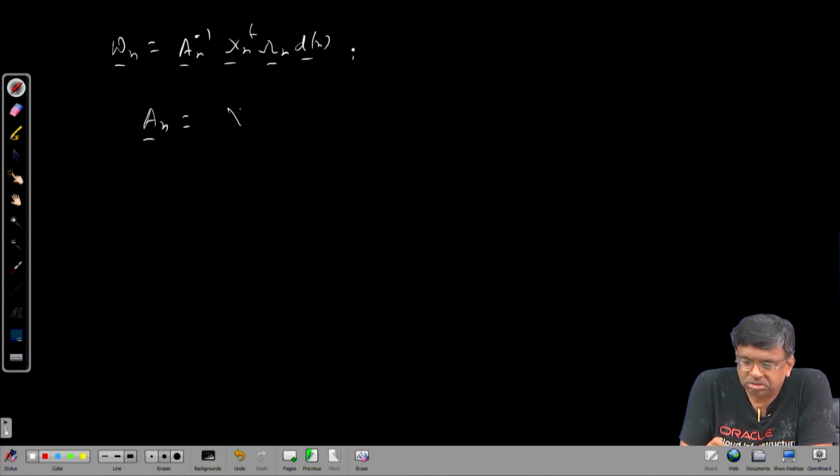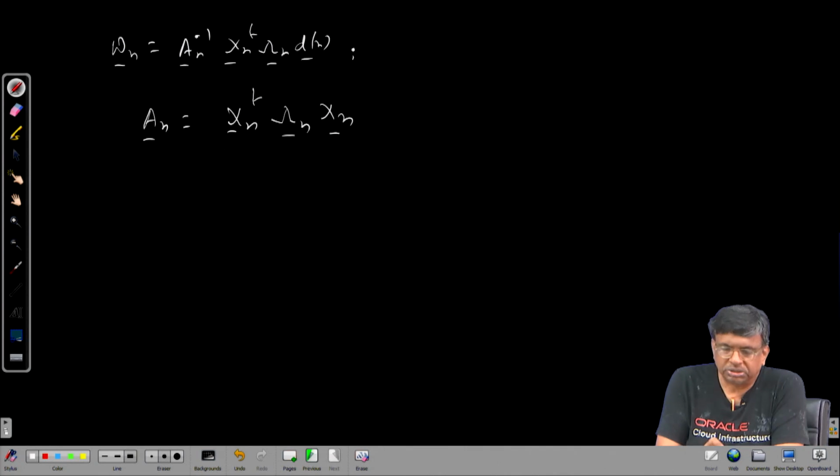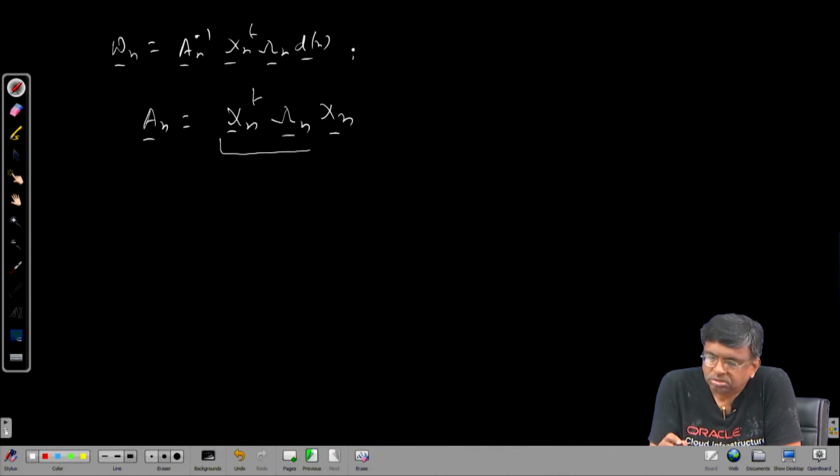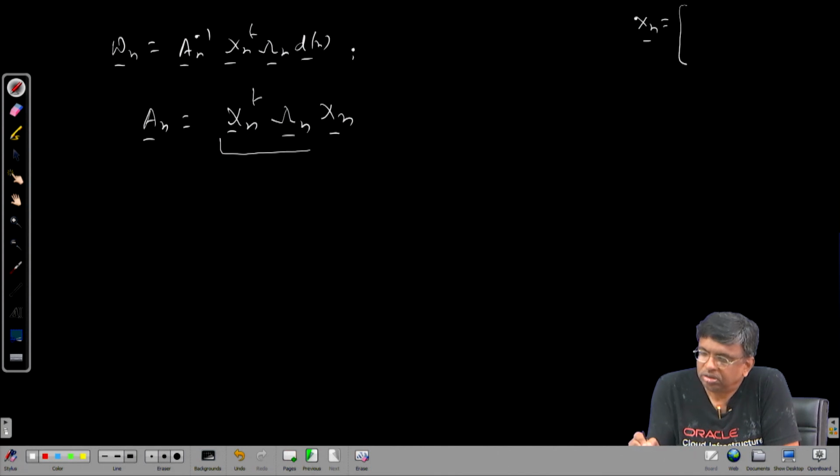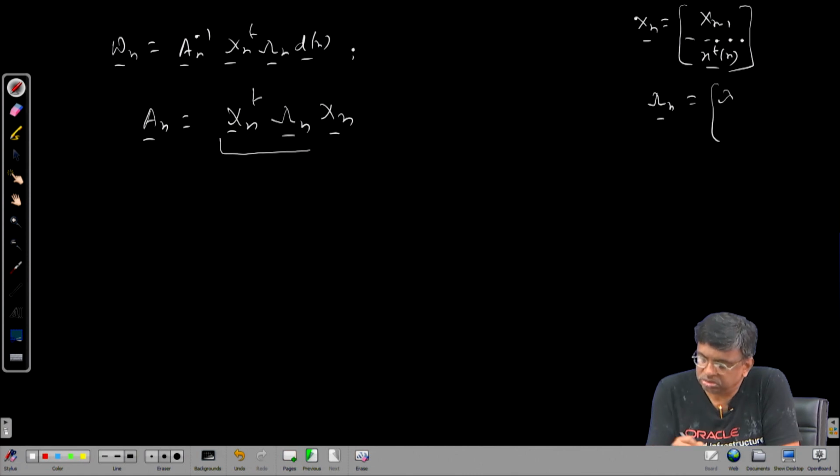A n was x n transpose, so let us first do this part. X n, you remember, was x n minus 1, it was partitioned like this, and this was done in the previous page. So, no need to explain again.